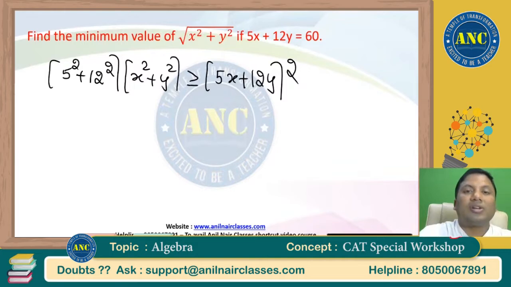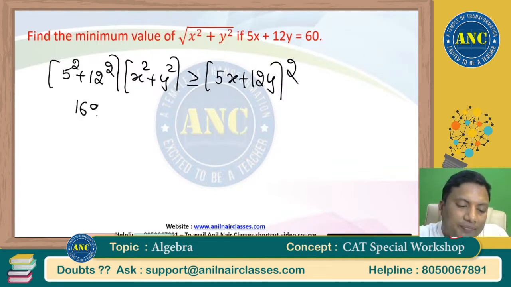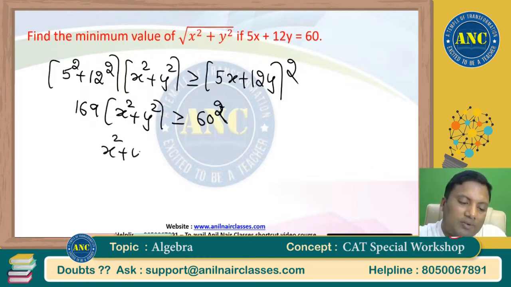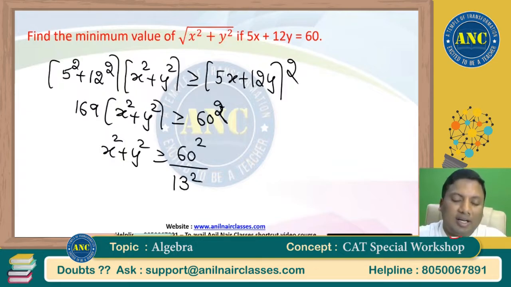5 square plus 12 square, 25 plus 144, 169, into x square plus y square, it is greater than or equivalent to 60 square. So I want the square root of x square plus y square. X square plus y square is greater than or equivalent to 60 square by 169, which is 13 square.